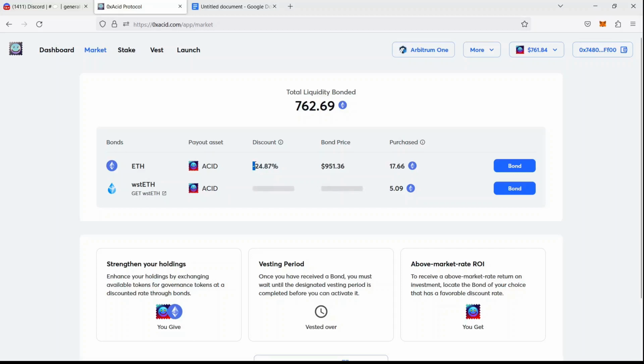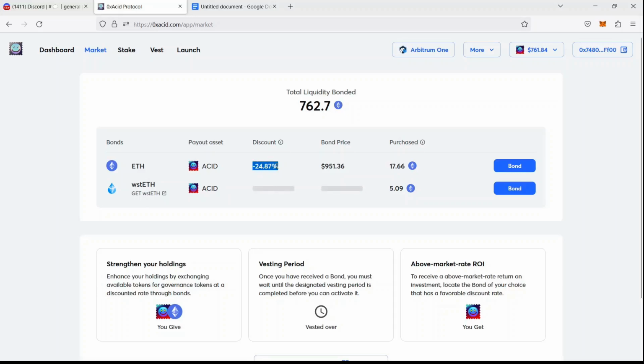So this means if you buy asset through bonding, you will be paying a premium on that, while you could get way more tokens for the same dollar amount by buying it from the open market. So the only time you buy asset through bonding at a discounted value is when the discount is positive. As simple as that.